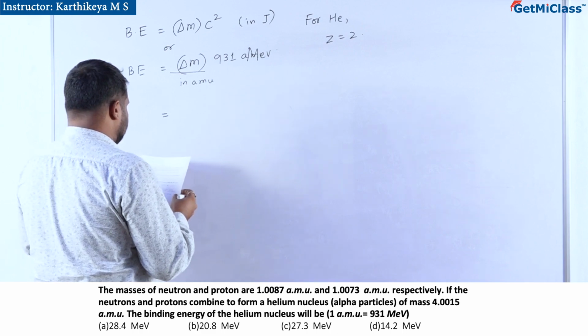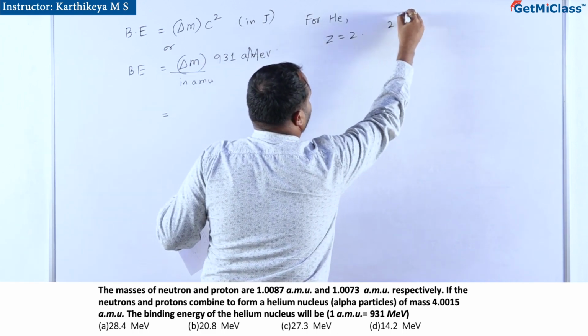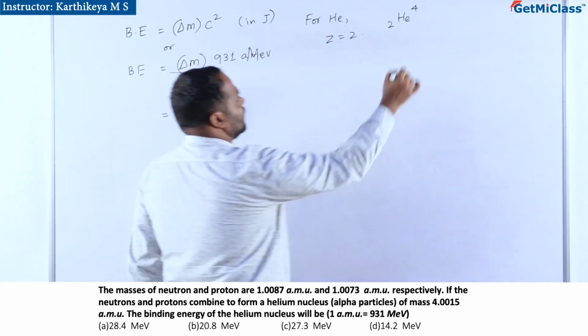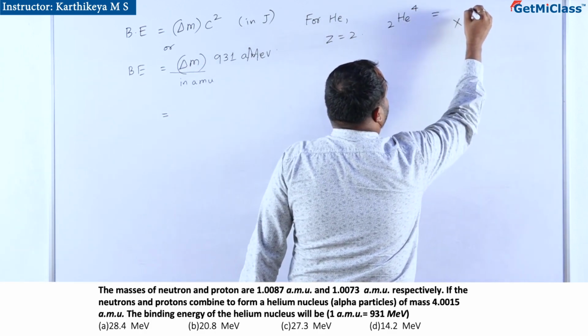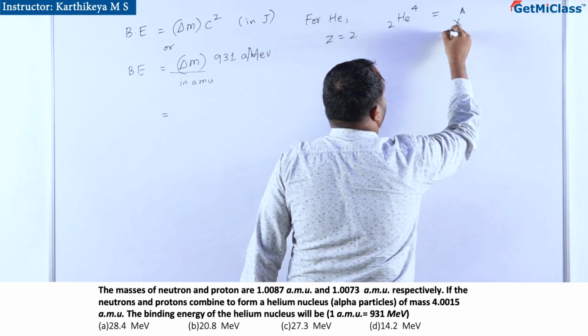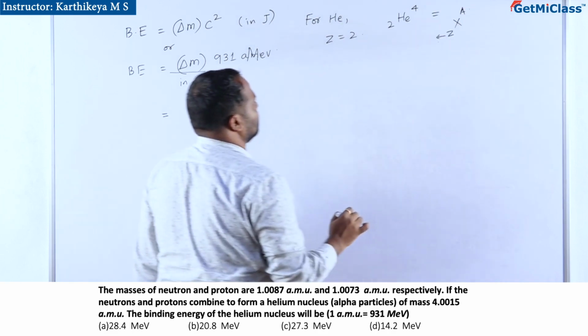and A minus Z, that is, see if you take the picture of helium, it is 2He4, that is X, this is A, this is Z. So, this is atomic number and this is mass number.